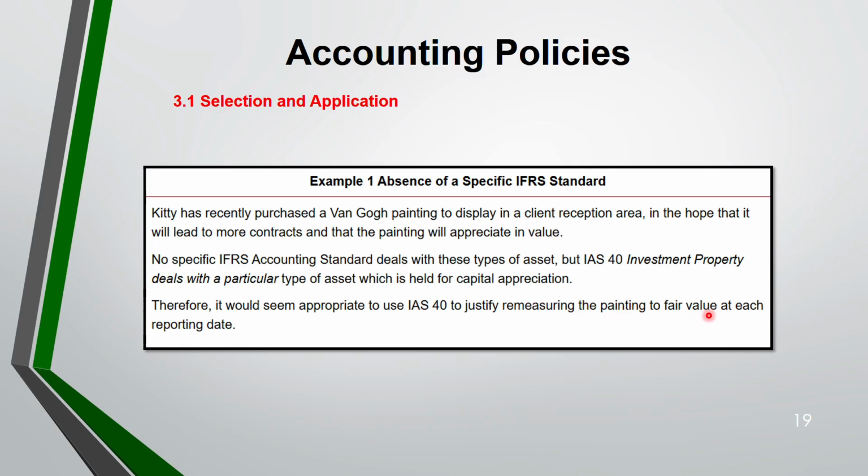What does IAS 40 say about measurement? That you have to remeasure at each reporting date to fair value. That's what IAS 40 says. So the same thing you will apply to this painting also. IAS 40, to remeasure the painting to fair value at each reporting date. Isn't it simple? It's very simple.